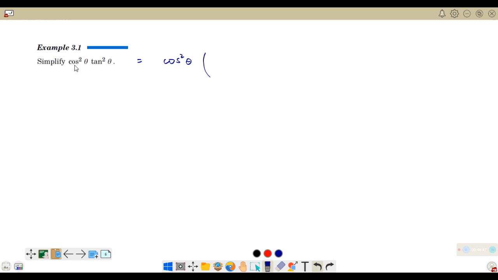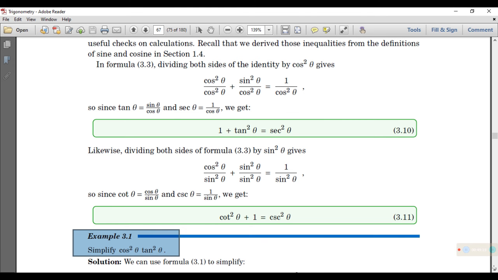So, we know that tangent squared theta is equal to sine squared theta over cosine squared theta, right? The operation between them is multiplication. So, what do you notice about the numerator here and the denominator here? They are equal, di ba? So, equal na lang sila sa 1. You will be left with just sine squared theta. So, this one is equal to sine squared theta. Okay? Ganun lang siya kasimple. Dali lang.